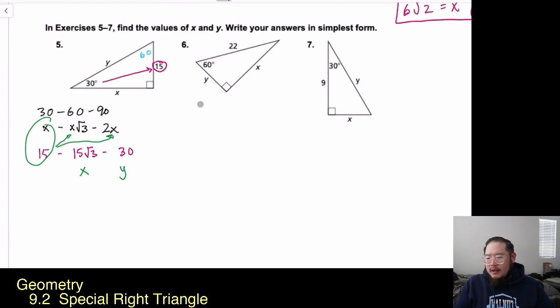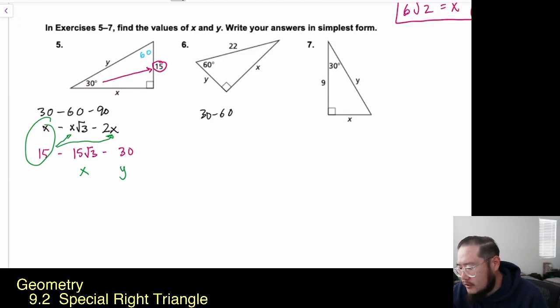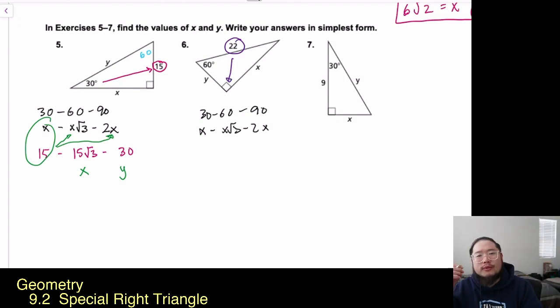Okay. Let's see what we could do right here with number 6. Okay, number 6, a little bit different. We have 30, 60, 90, and I have x, once again, x rad 3, 2x. Now, based on the information here, they gave me the hypotenuse is 22.